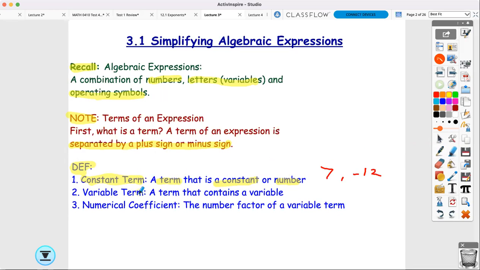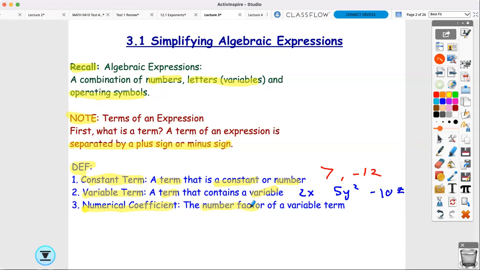A variable term is a term that contains a variable. For example, a variable term is like 2x or 5y squared or -10z. Those are all variable terms because they carry a variable. And the last definition is the numerical coefficient.